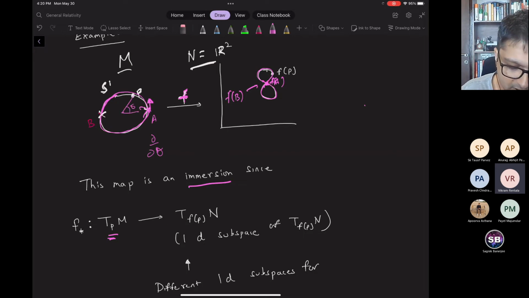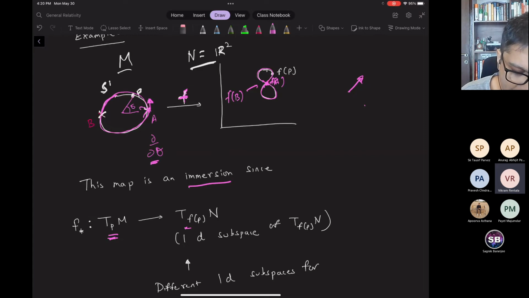These are basis vectors in this coordinate system, and they are being mapped to vectors in the tangent space at N, which are again one-dimensional vectors.